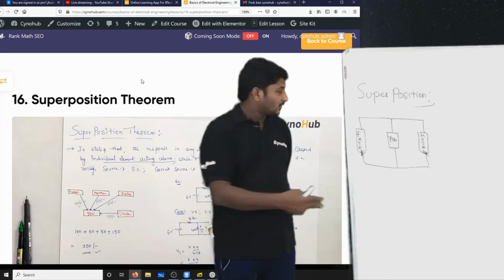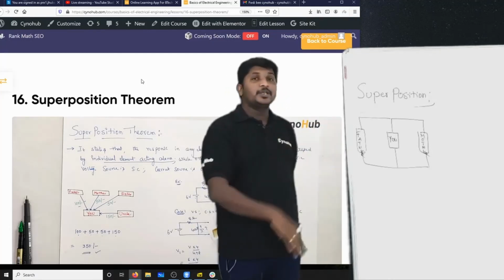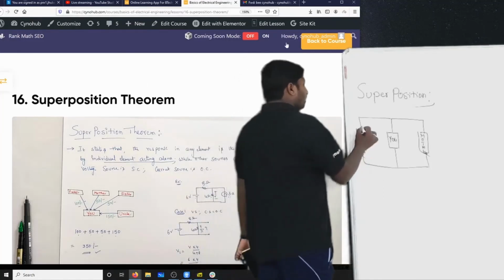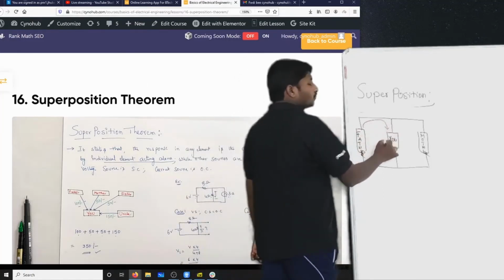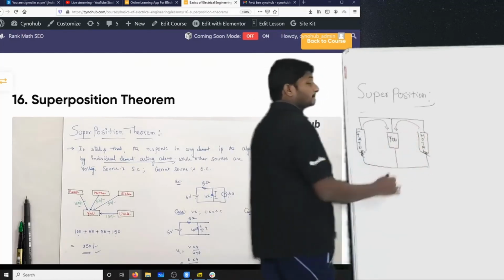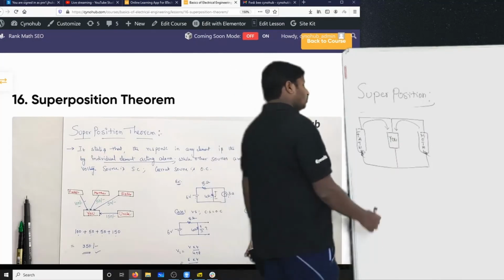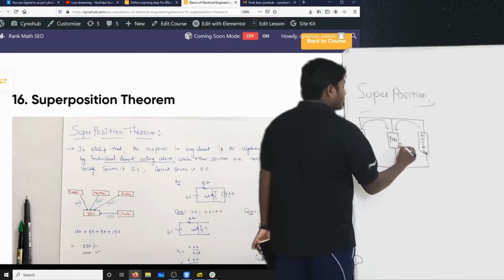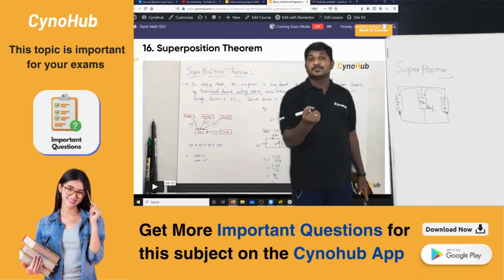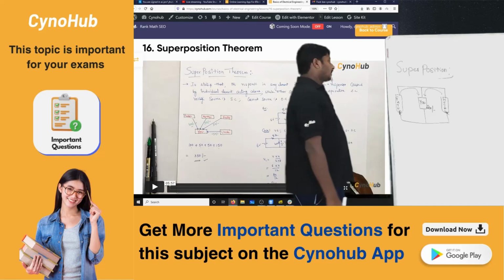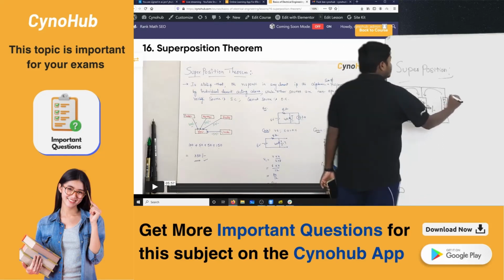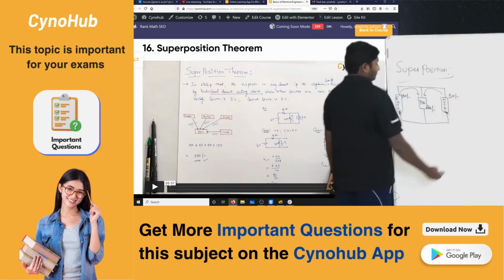One is father, another one is you, another one is mother. Normally father will give some money to you and mother will also give some money. Okay. So you have 200 rupees. Now father is giving 150 rupees, mother is giving 50 rupees.